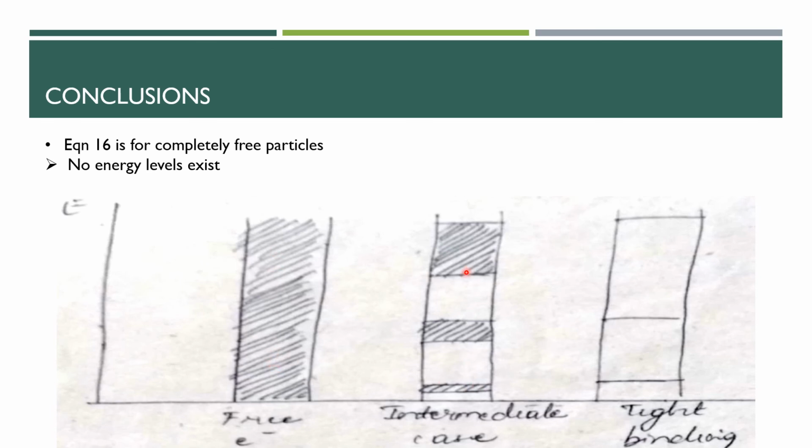The intermediate case is this, where there are allowed bands separated by the forbidden bands, and this is for P tending to infinity, representing tight binding, that is, the bands reduced to single energy levels. So equation 16 represents that all energies are allowed, which is the classical theory.